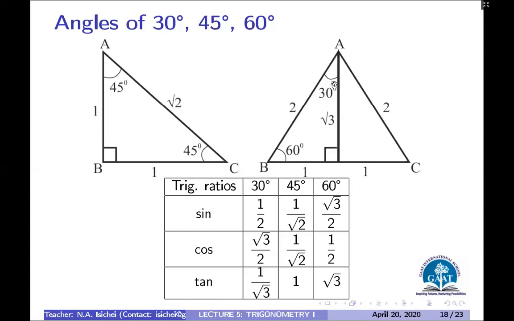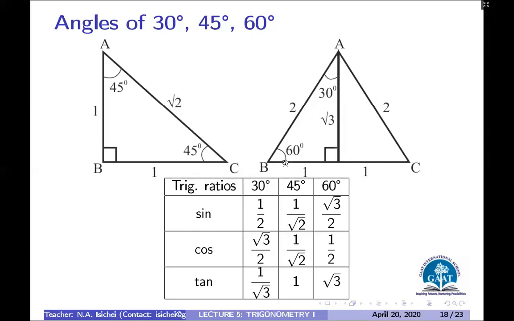So let's consider the given angle as 30 degrees. We want to get the trigonometric ratios of sine 30, cos 30, and tan 30. Looking at sine 30 degrees, sine, don't forget, is opposite over hypotenuse. So sine 30 is 1 over 2, opposite over hypotenuse, because this is the side facing the given angle.